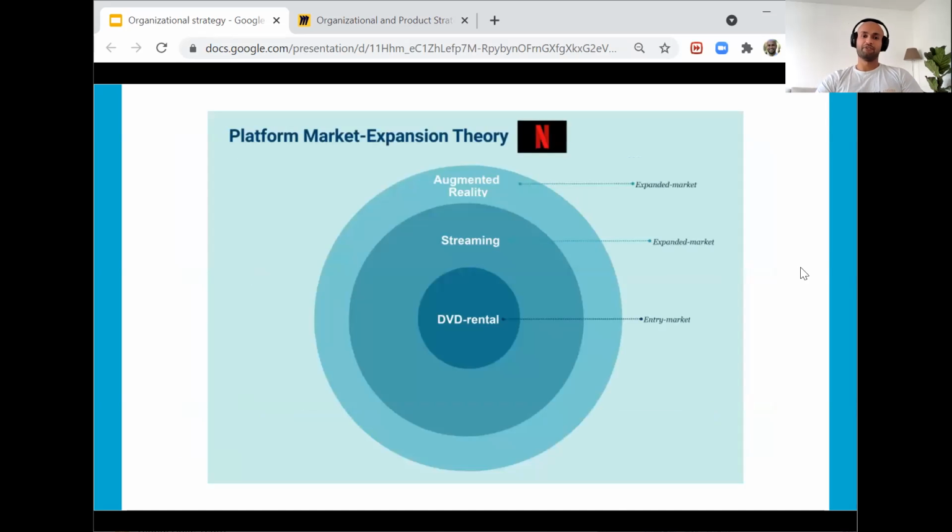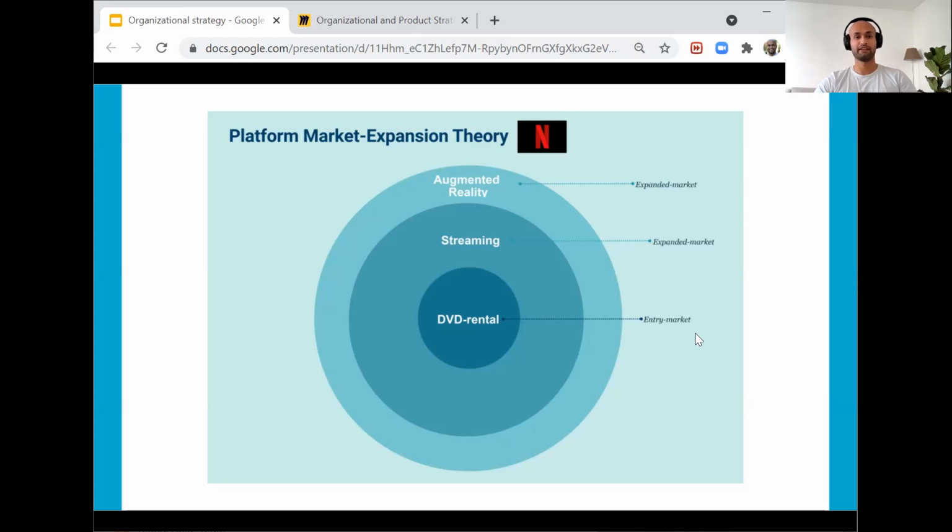To look at another example, Netflix, another well-known example. At the middle, you can see Netflix, when they entered the market, their strategy was with DVD rentals. And when they moved from DVD rentals to streaming, using the same transitional business model that we looked at, it helped Netflix stay in business in the first place, because DVDs were going out of fashion.